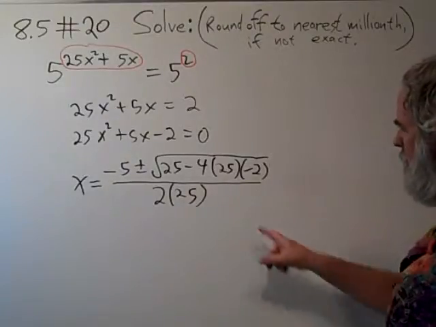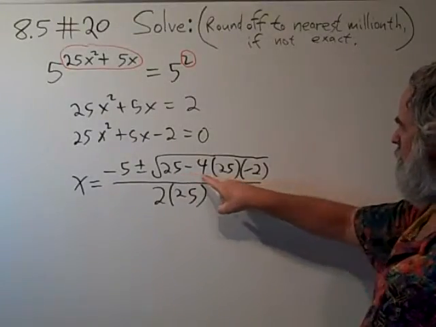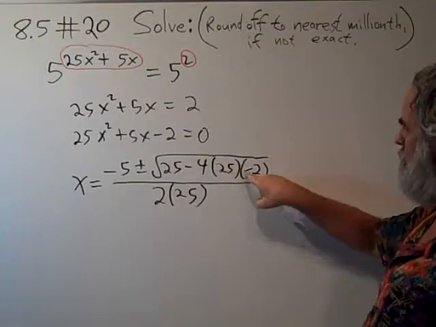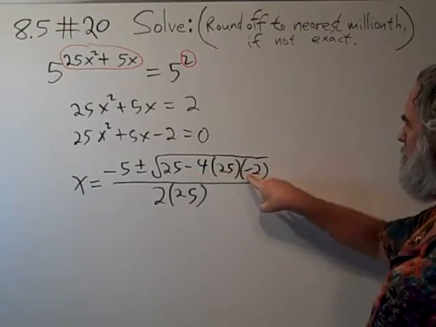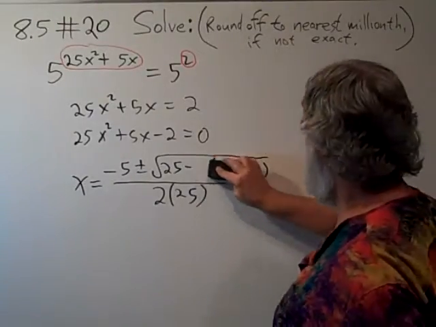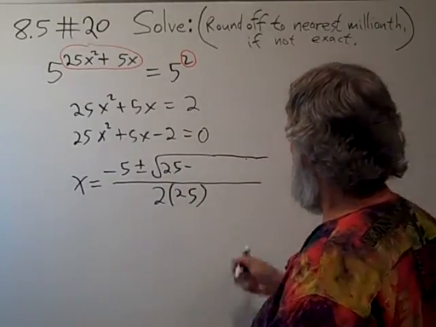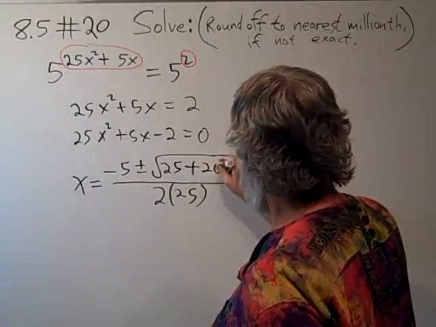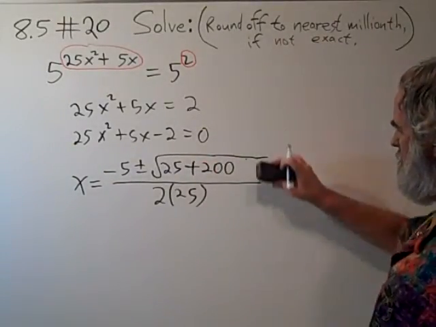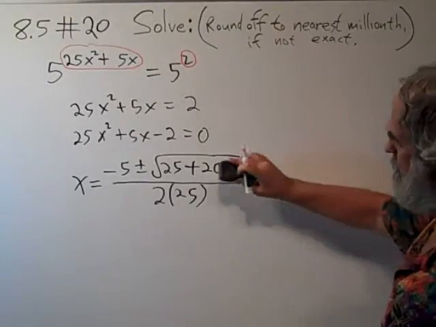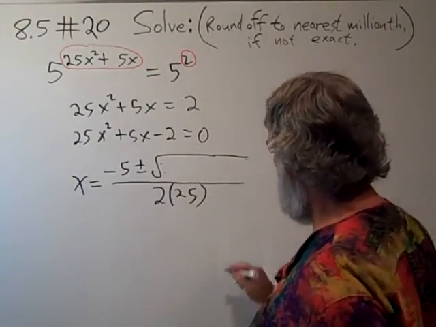Let's see now, in the parentheses here, 4 times 25 is 100, 100 times 2 is 200, 2 negatives multiplied make a positive, so this is plus 200. And so 200 plus 25 is 225.